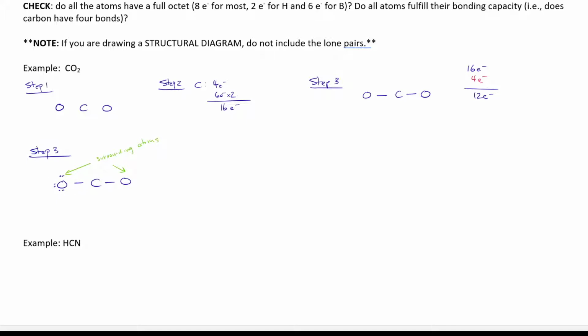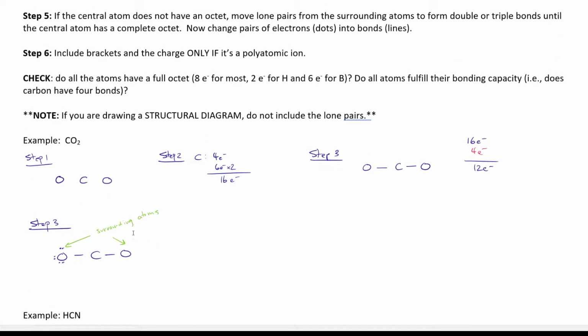That's where that name comes from. It has 8 electrons around it. So 2, 4, 6, 8, that is an octet around the oxygen. Around this oxygen, 2, 4, 6 electrons around here.